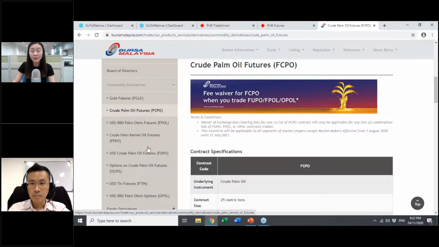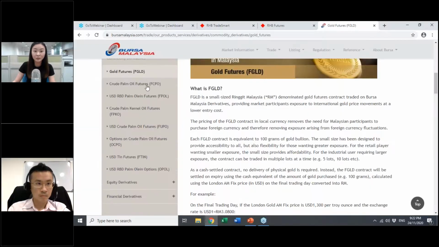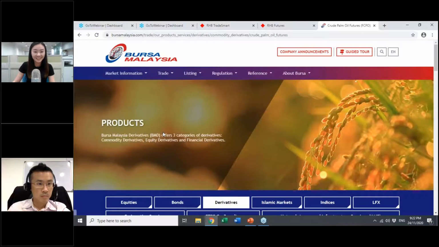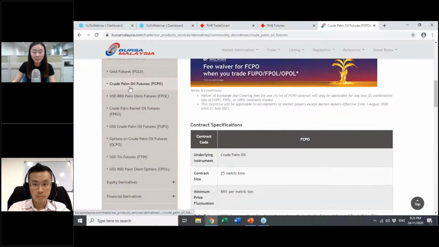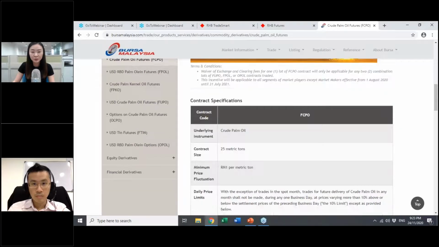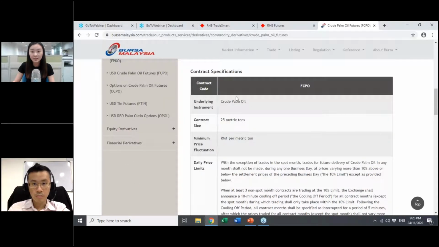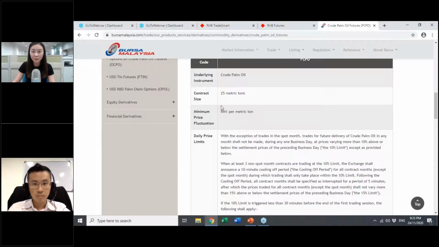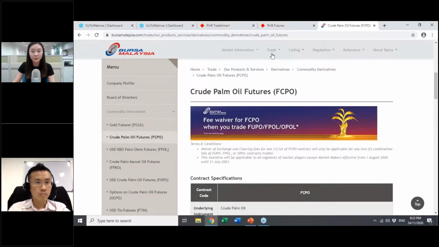The rest you can click in to explore, but as a starter, you can go for FCPO first. You click into the FCPO contract, and it shows you the underlying instrument is crude palm oil, the contract size, and the minimum price fluctuation. All this information you can get from the Bursa Derivatives website.